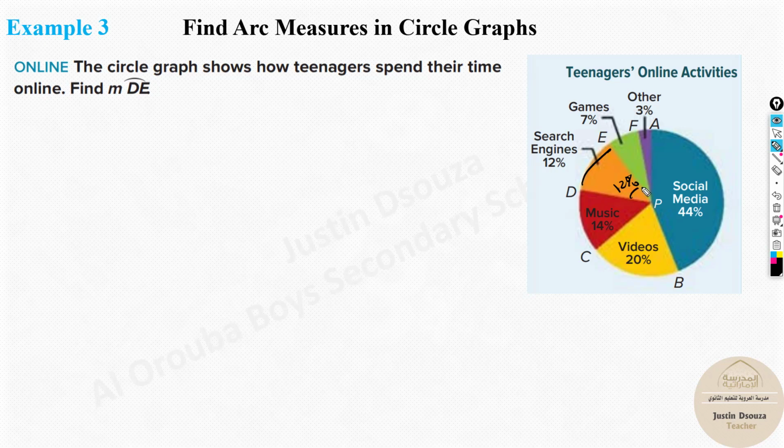But I don't know how many degrees. How would I find this? Now let's think about it practically. The entire circle is 360 degrees, right? Over here, each percentage is given. That means totally it's 100%. So if I take the entire circle, I just multiply 360 by 100%, it'll be 360 degrees.